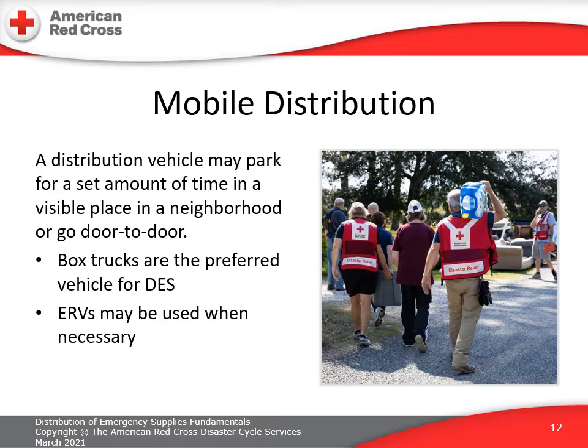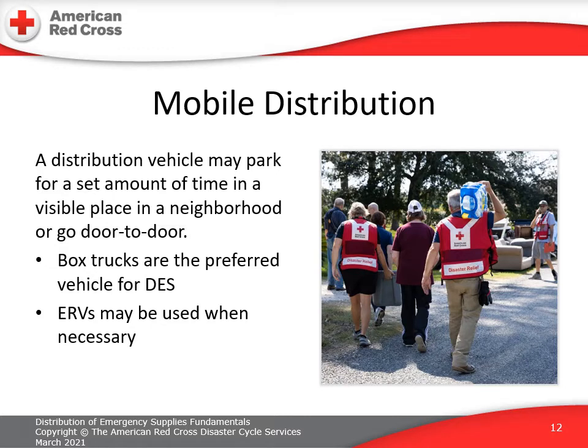Box trucks are the preferred vehicle for DES, and ERVs, or emergency response vehicles, may be used when necessary. Mobile teams typically consist of one truck with 2 to 3 workers, or one truck with 2 workers and a chase car with additional workers.